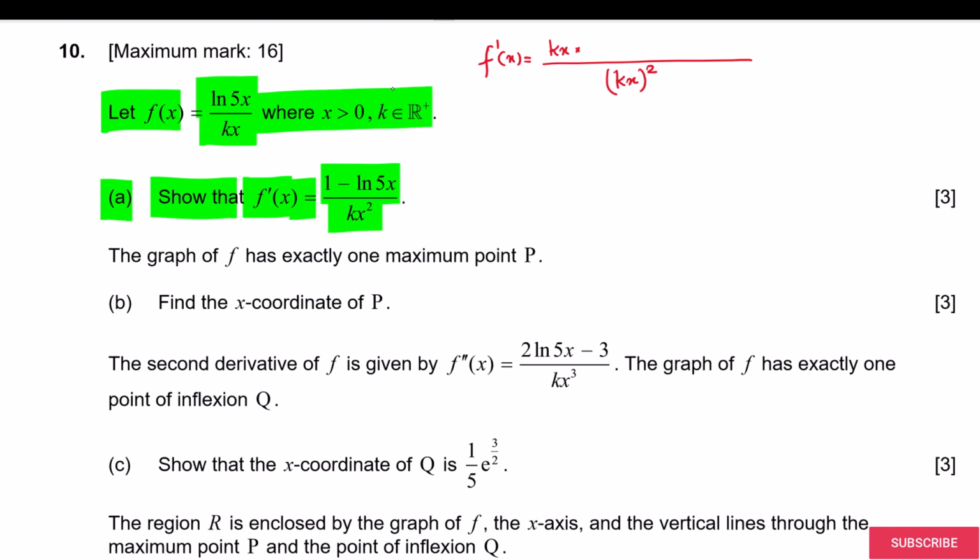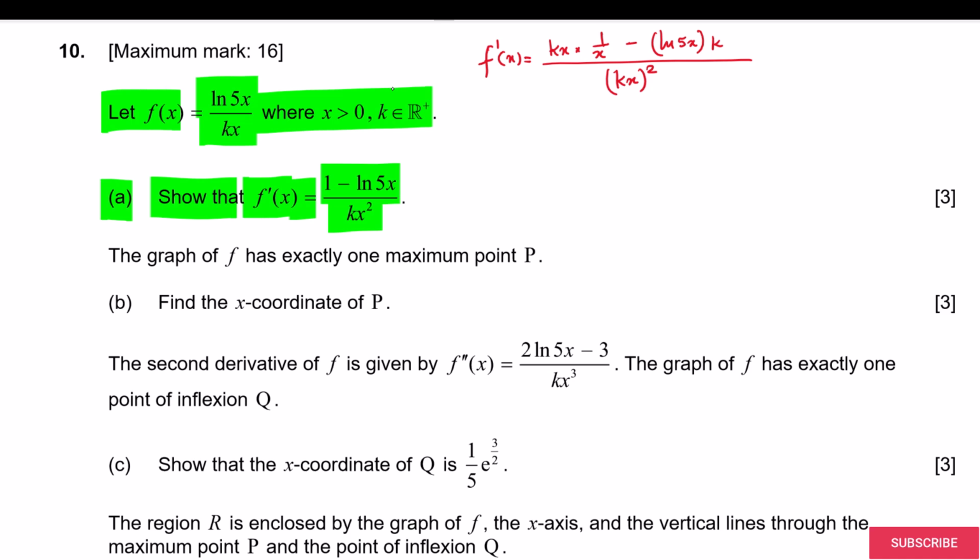The derivative of ln 5x is just 1 over x, because if we use the chain rule it is 1 over 5x into 5, so we can cancel it. And minus the numerator as such, times the derivative of the denominator, and the derivative of the denominator is going to be k because it is kx.